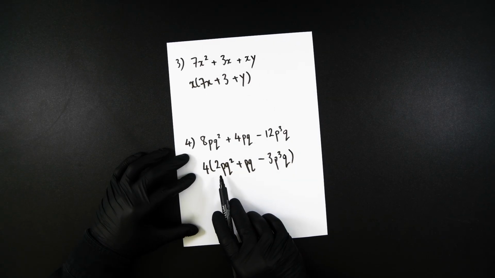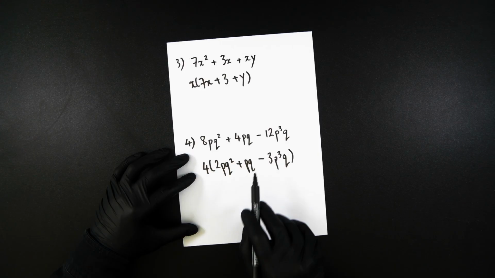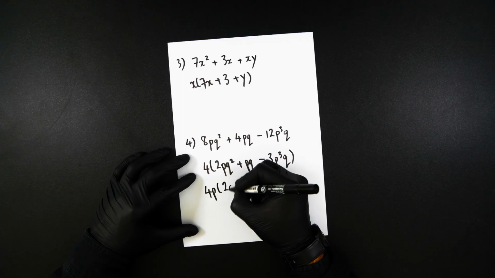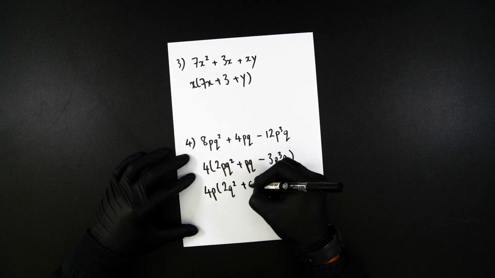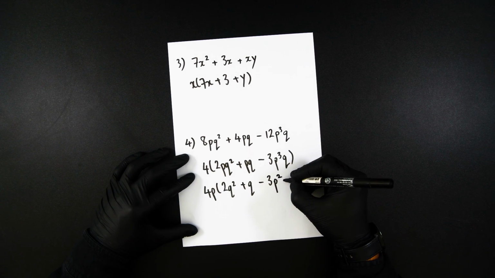Let's first address all the p's. So we have 1p here, 1p here, and 3 p's here. So we know that we can pull at least 1p out. So let's get 4p, 2q squared plus q minus 3p squared q.